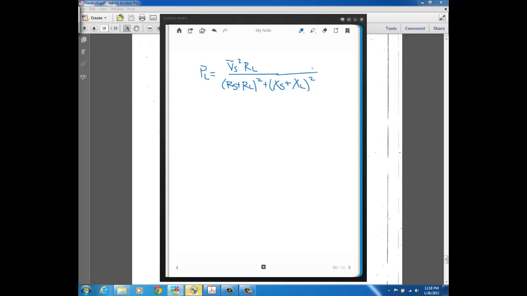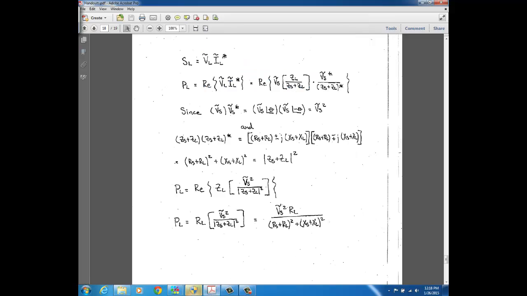So let me just double check here and make sure I got the same. Yeah, so VS squared RL in the denominator, RS plus RL squared plus XS plus XL squared.